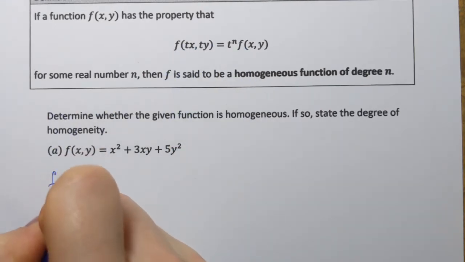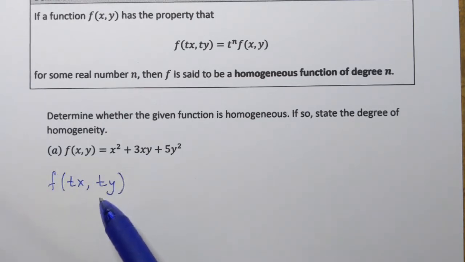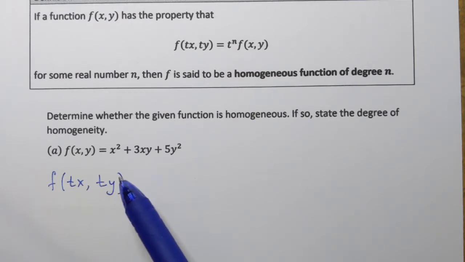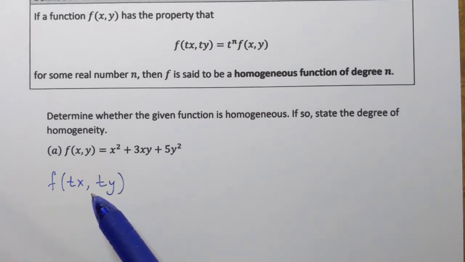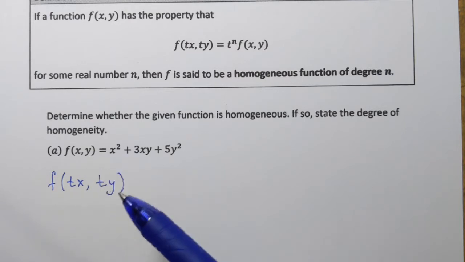Remember that when we deal with the function notation, anything that appears inside the parentheses is considered to be an input. So that's something that has to be plugged into the function. And since our function depends on two independent variables, x and y, we're given something to plug in for each.